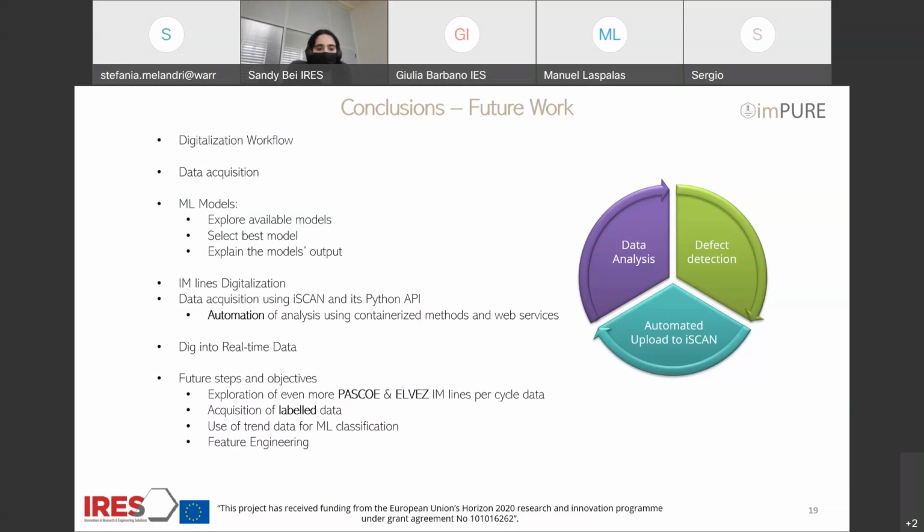And lastly, to perform some feature engineering, which means that we would like to investigate if there are further features we could include in our analysis in order to extract more information and make better predictions about the effectiveness of the produced parts.